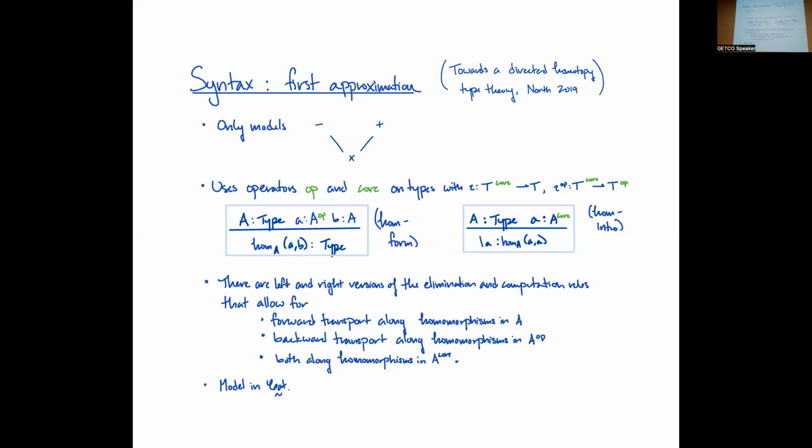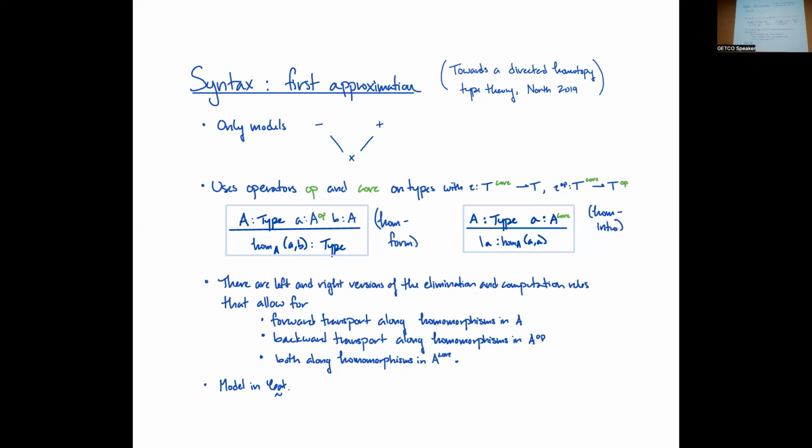Okay, so instead of writing down the very complicated elimination and computation rules that are much longer than the identity one, but are very analogous, we're just going to say that we have left and right ones, where for the identity type, we just have one elimination and computation rule. The reason why we have left and right ones is because we want to capture forward transport along any homomorphism in A, and backward transport along any homomorphism in A op.